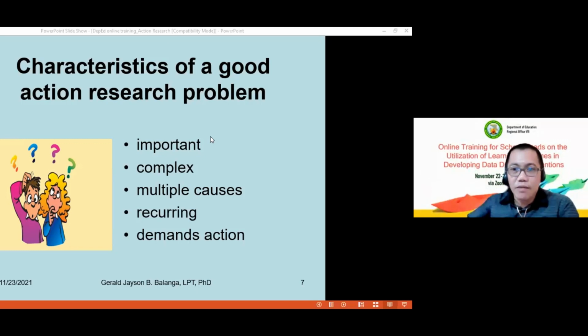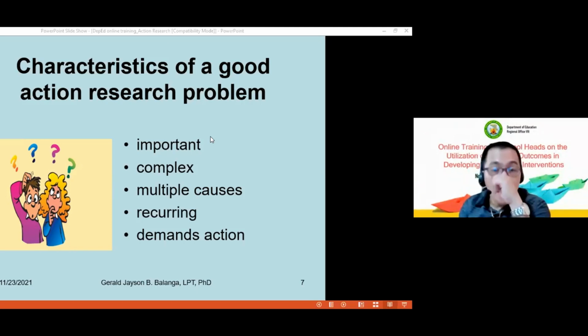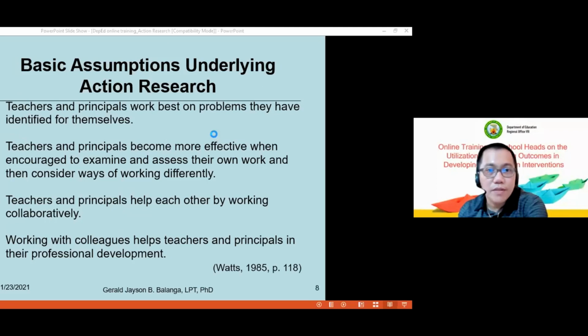Like nagsasubmit pero walang ni isang sinagutan. Tapos consistent every week, nasubmit ang module pero page 1 lang ang sinagutan. Does that demand an action? Of course, that needs an investigation. What's wrong with the child? What's wrong with the family? So they could be potential action research problems.